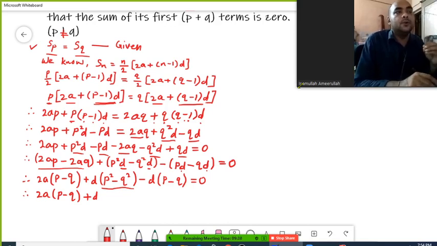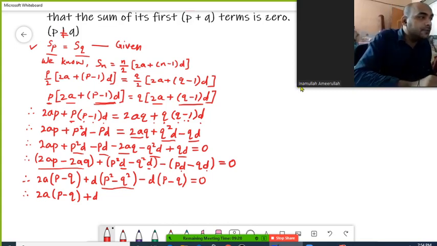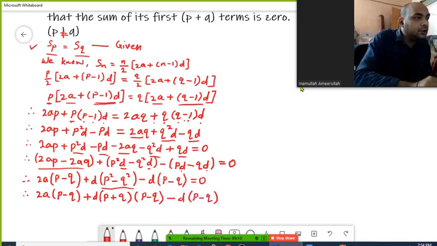And we know a square minus b square is equal to a plus b and a minus b. We can write it twice without square, once in plus, once in minus. So this can be written d into bracket p plus q into bracket p minus q, minus d into bracket p minus q is equal to 0.